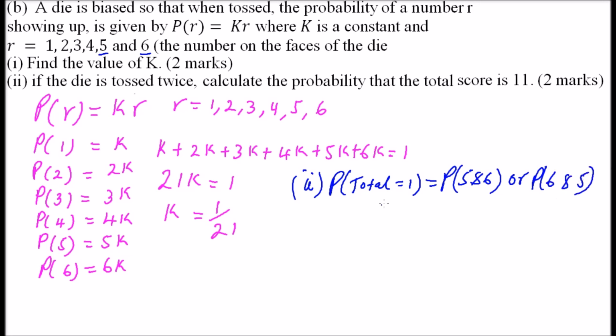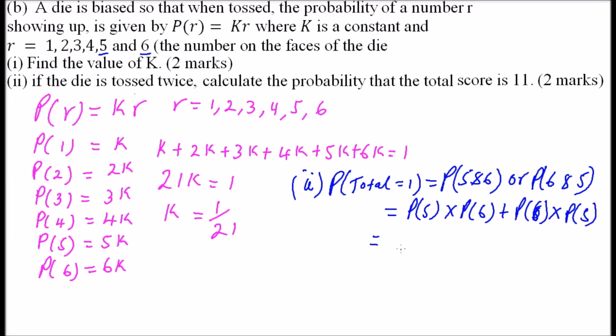So this gives us probability of getting 5 multiplied by probability of getting 6, plus probability of getting 6 multiplied by probability of getting 5.